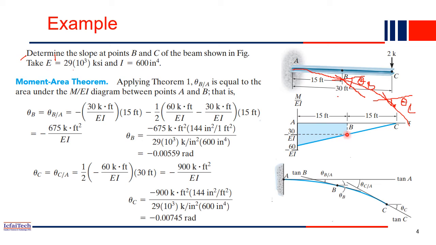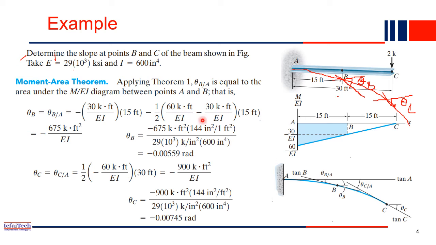Now what is the area of this triangular part? Triangular area is simply half into base into height, right? Half into base, which is 15 feet, into height. How much is the height? This much height means total you have 60 by EI and this much is 30 by EI, so the net is also 30 by EI, right?